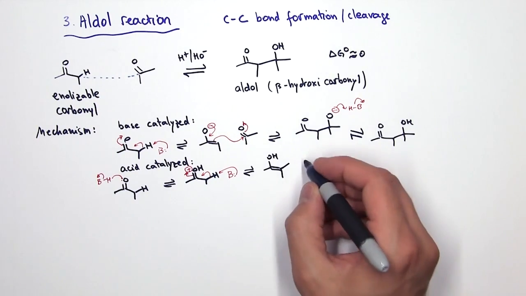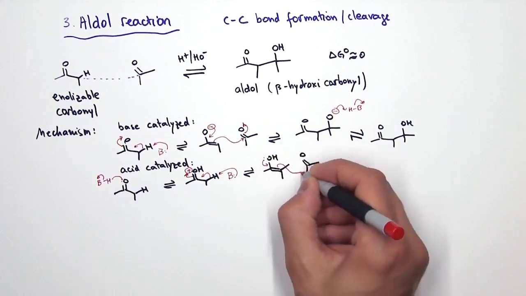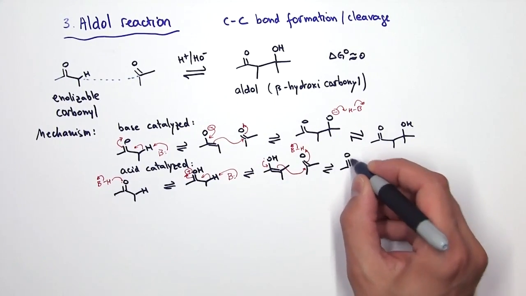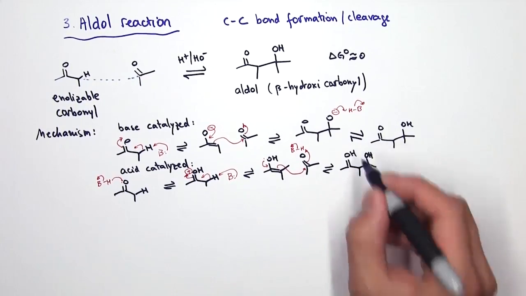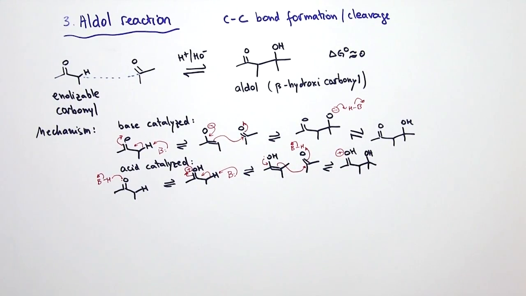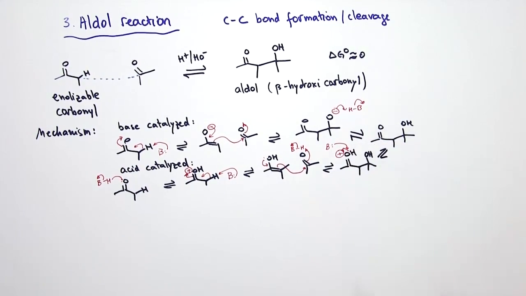Now, in the second step, the enol can react with the other carbonyl to generate a protonated version of the aldol, which is one proton transfer away from the aldol product.